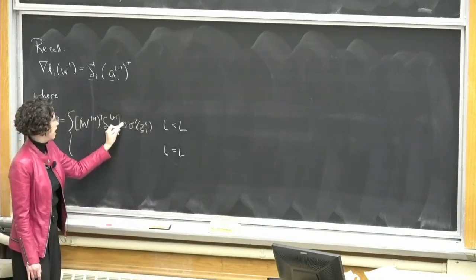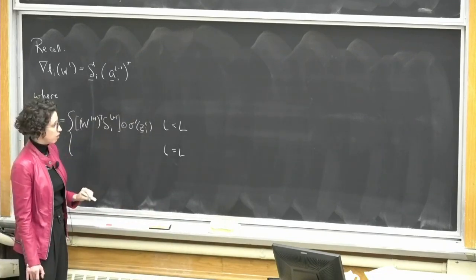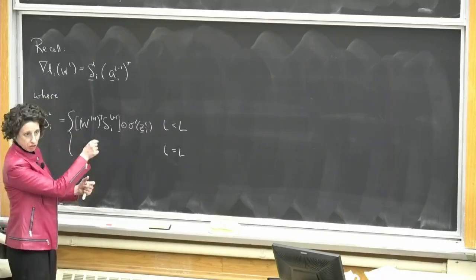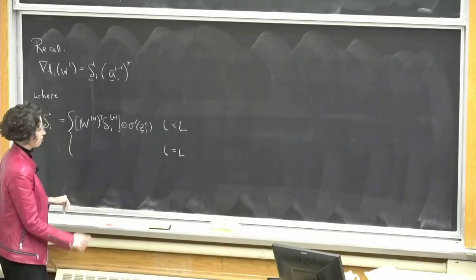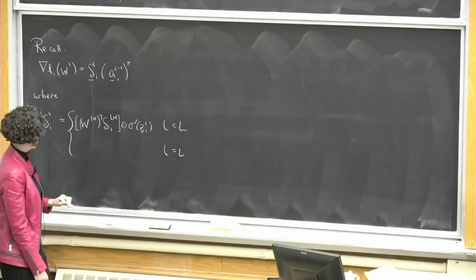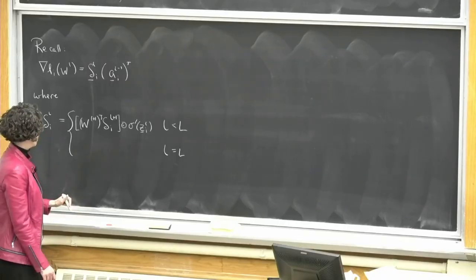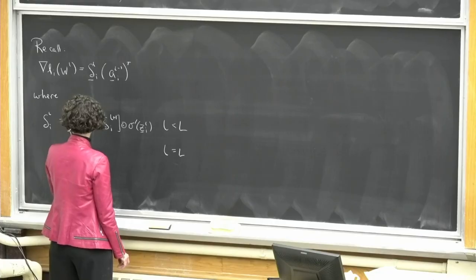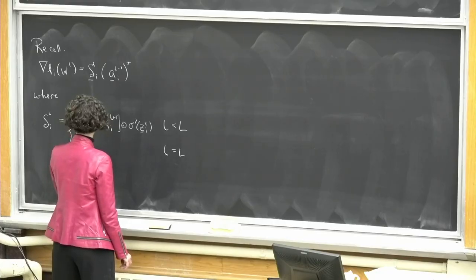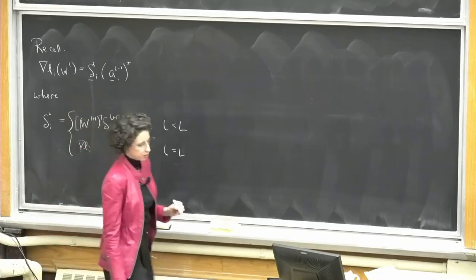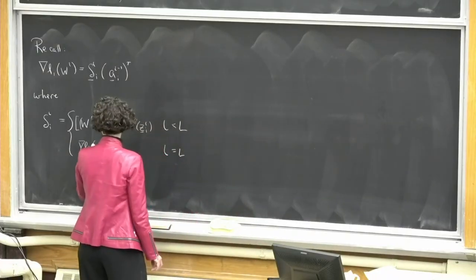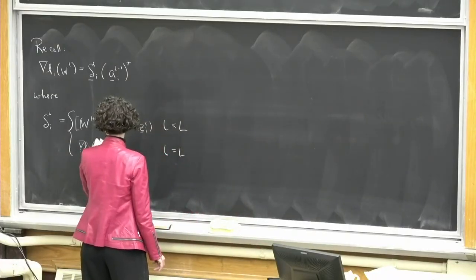So when I have the little dot in a circle, this means element-wise multiplication. So I've got two vectors the same length. I just multiply each pair of elements together to form a new vector of the same length. And for the final layer, we simply have the gradient of our loss with respect to that final layer, A_i^L.